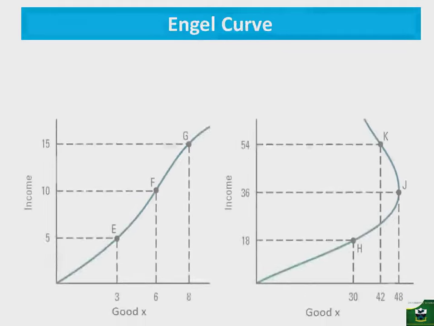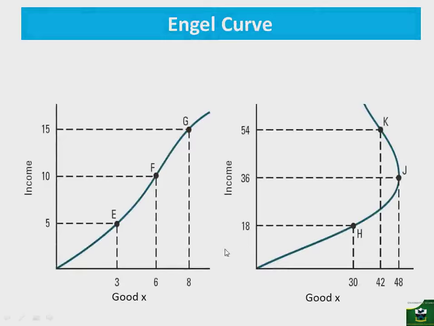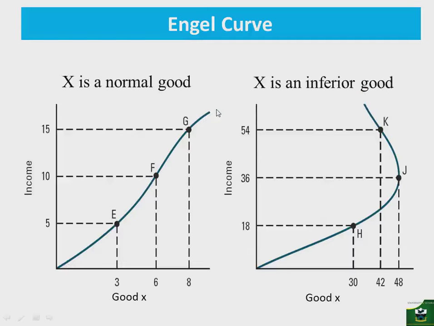So we have good X on the horizontal and then income on the vertical. You'll notice that because this curve is moving up and to the right, then it is for a normal good, and the one which is increasing and then afterwards starts to move back is for an inferior good. So the Engel curve for inferior goods is backward bending.